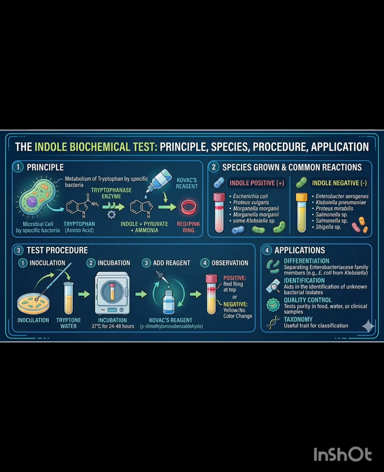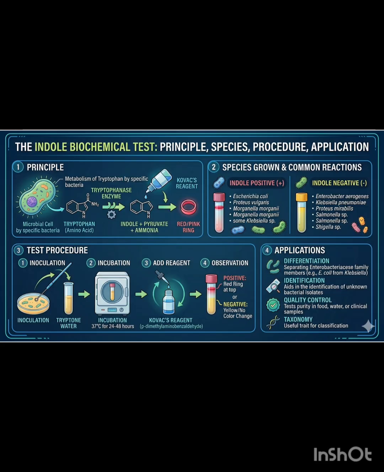If the bacteria shows a positive result, it means it is degrading tryptophan and forming indole, pyruvate and ammonia. Then this reagent will give a color change, and it will give a red color ring at the top of the liquid.